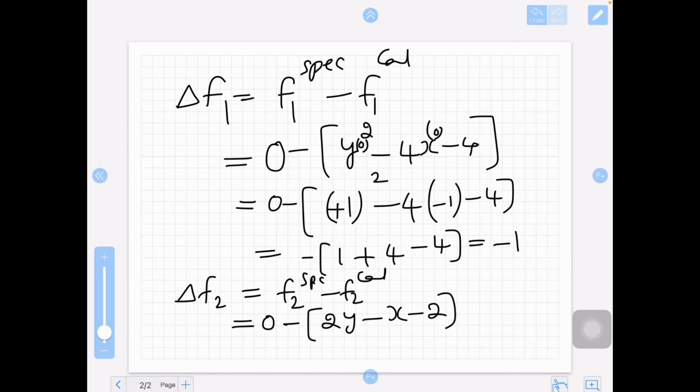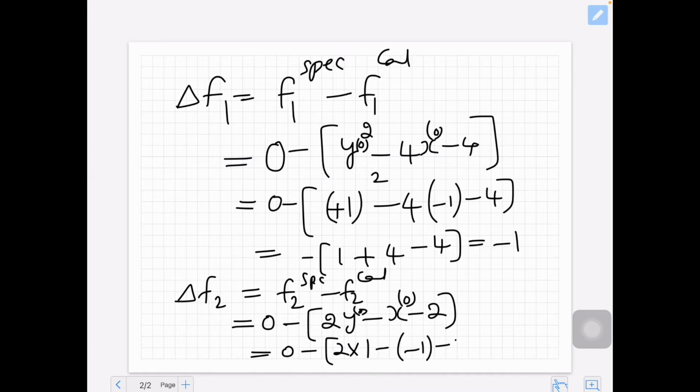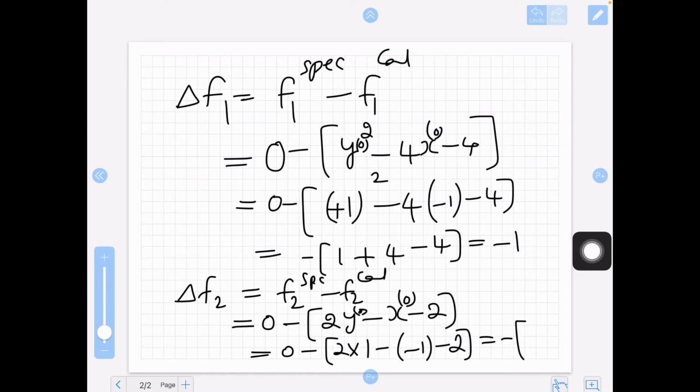Substituting the initial values, you get 2 into y of 0, which is 1, minus x of 0, which is minus 1, minus 2. If you simplify this, you get 2 plus 1 minus 2, which is 1 and so this is also minus 1 after subtracting from 0. So delta F1 is minus 1 and delta F2 is minus 1.